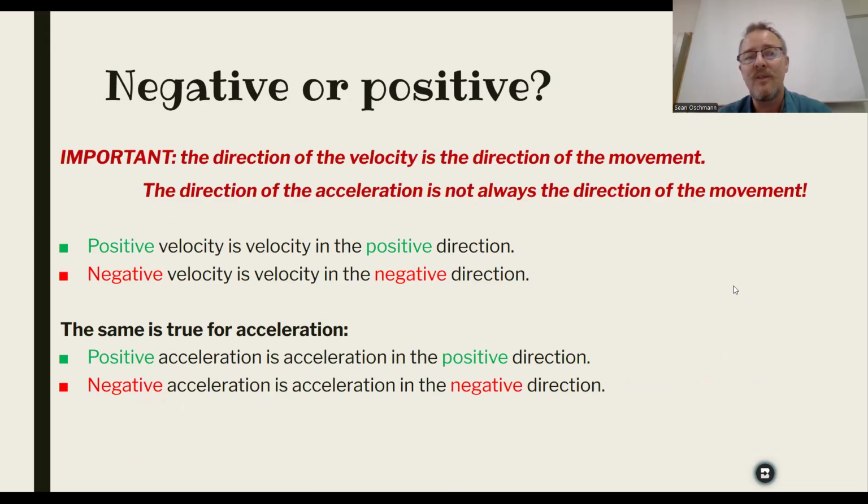Okay, positive velocity is velocity in a positive direction. Negative velocity is velocity in the negative direction. Same is true for acceleration. Positive acceleration is acceleration in the positive direction. That doesn't mean it goes there. It just means there's a push in that direction that causes the acceleration. And negative acceleration is acceleration in the negative direction. That also doesn't mean it gets slower. Depends on where the velocity goes.